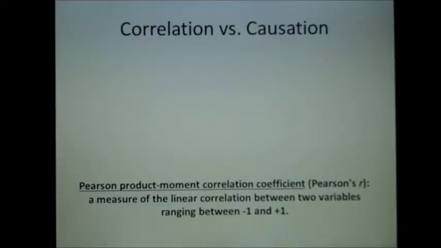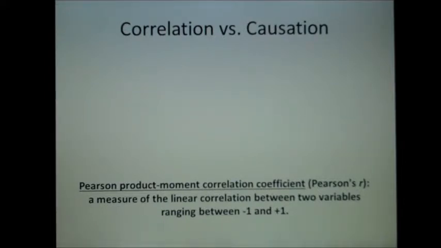When we're talking about how strong or weak the relationship is, we can examine that in two different ways. We can look at a graph, which gives us a visual idea of how strong the relationship is between two things, or we can use a number, known as the Pearson product moment correlation coefficient, or very simply Pearson's r.